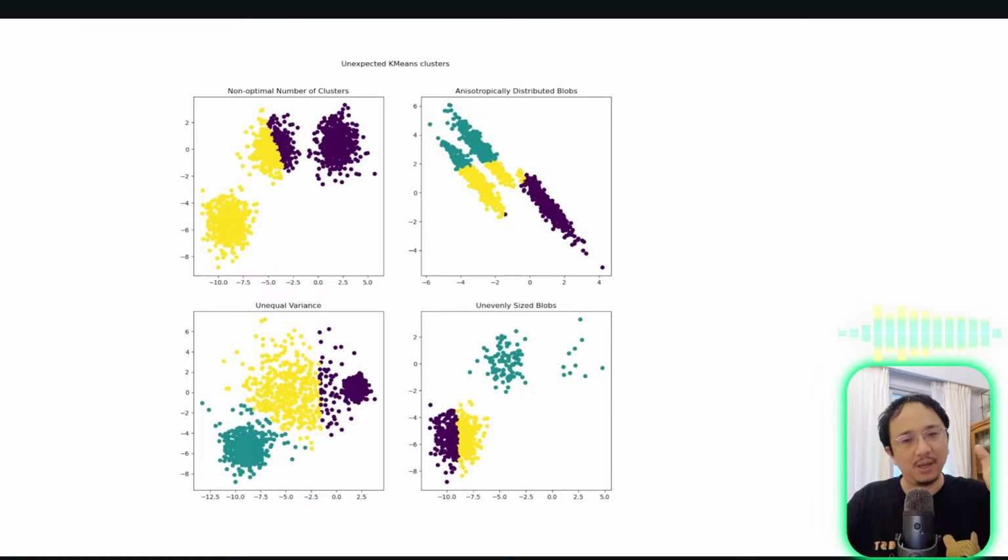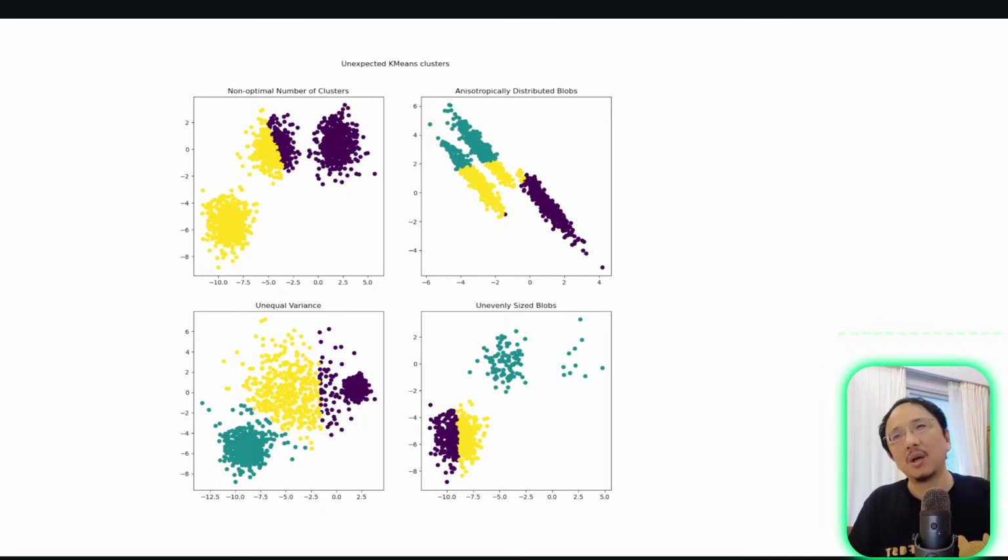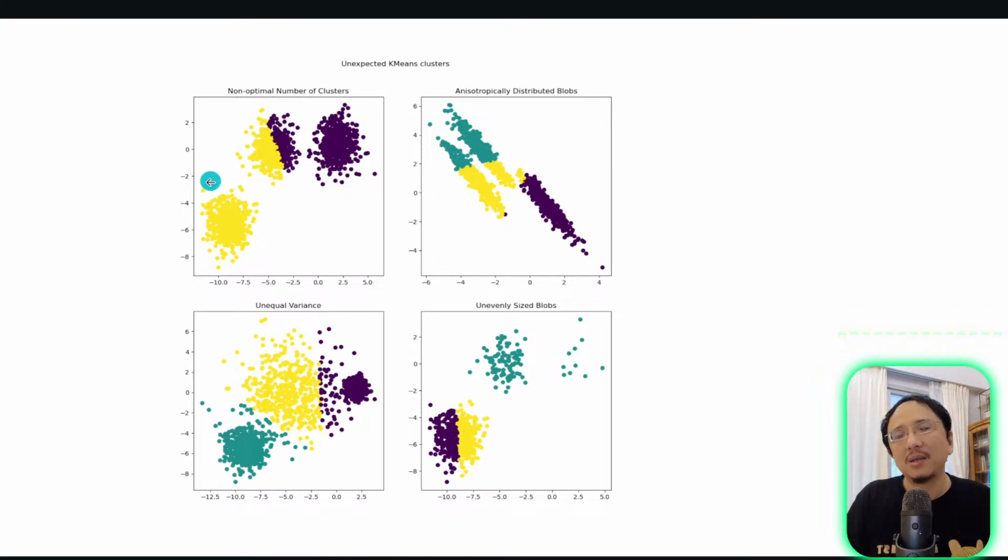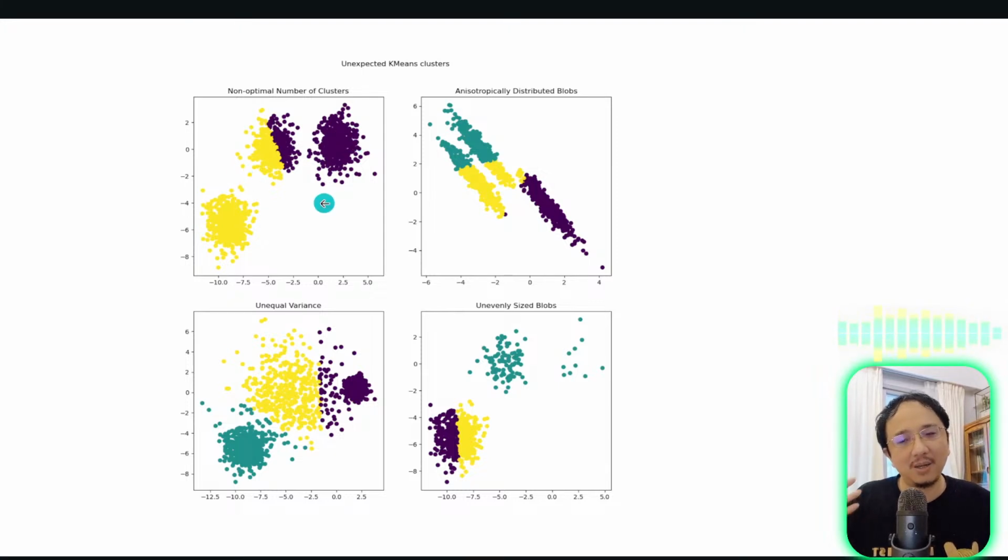We are pointing them out here to help us understand more about what issues we need to consider for doing clustering. One thing is that if we give it a wrong k, for example, it should have 3 different clusters, but if we assign 2, it will definitely do things like this one and does not do very well.